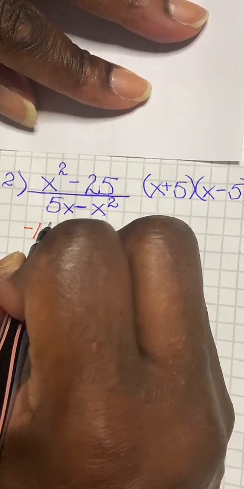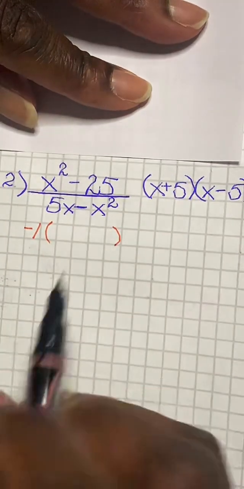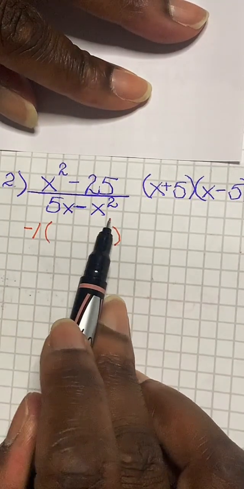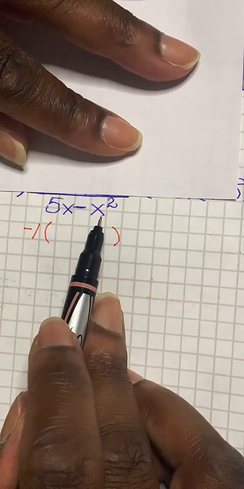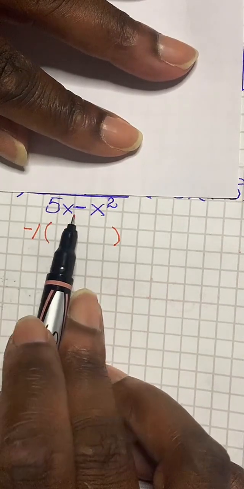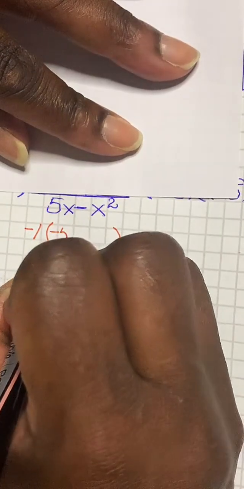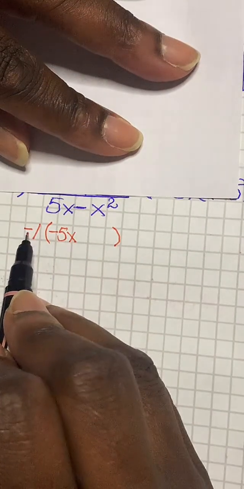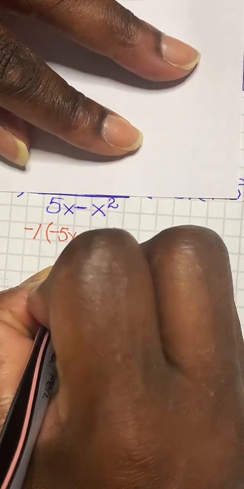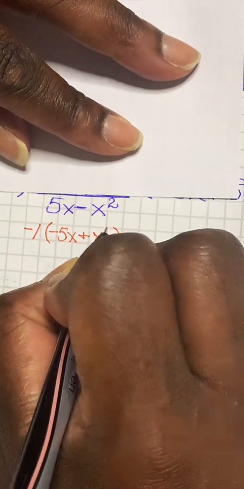Breathe, remain calm. So if I factor out a -1, and I'm just looking at this 5x minus x squared, if I divide the 5x by a -1, I'm going to get a -5x. Here I have a negative. A negative divided by a negative gives me a positive. And it's going to give me a positive x squared.